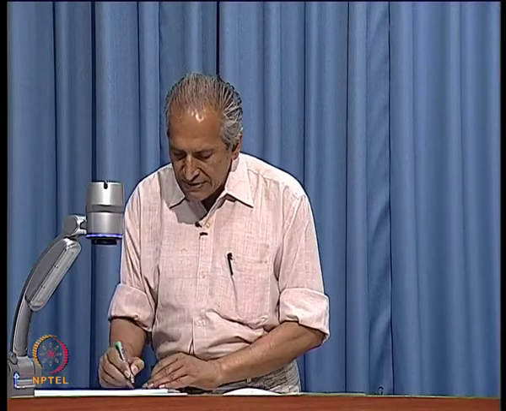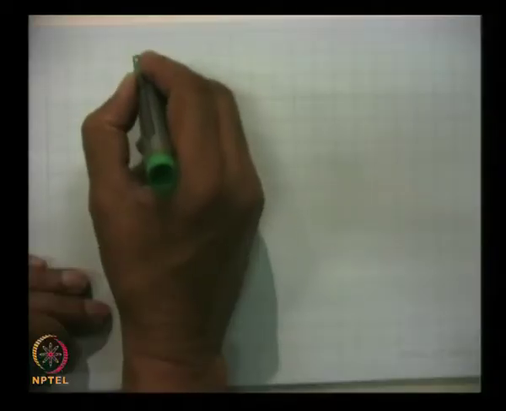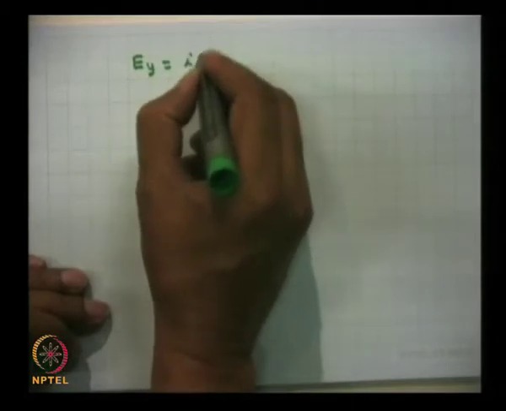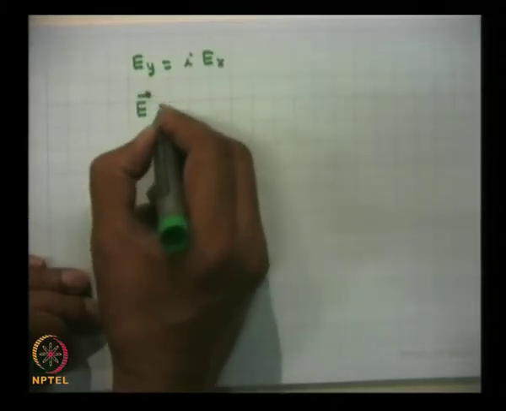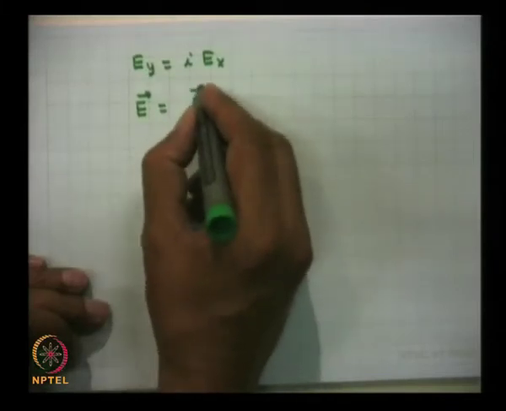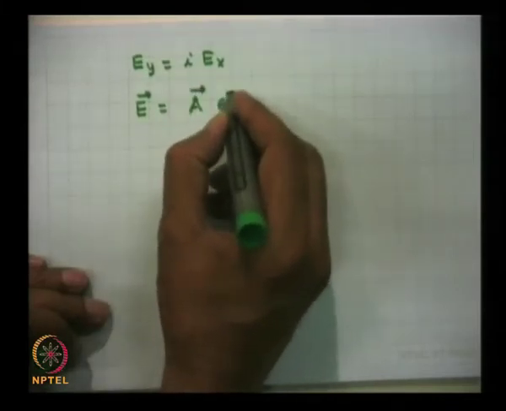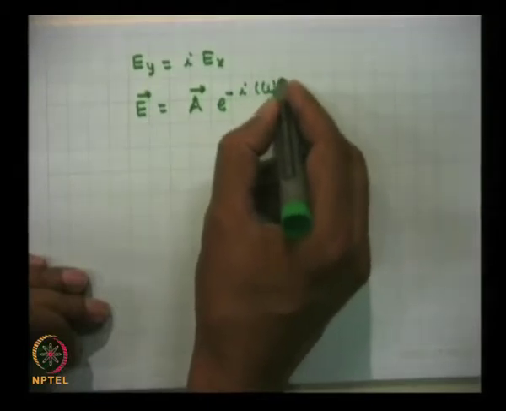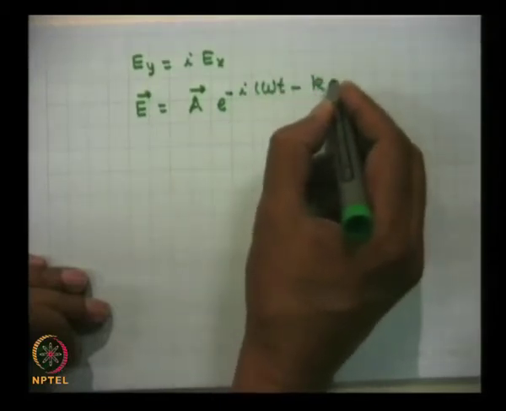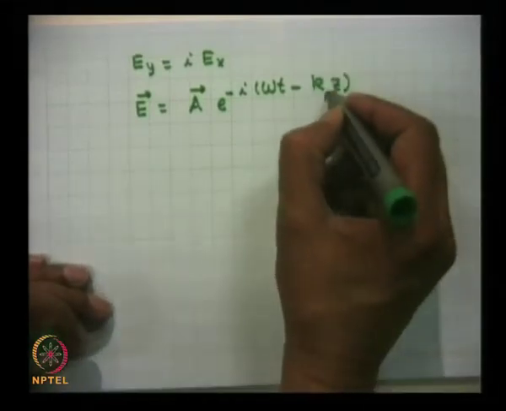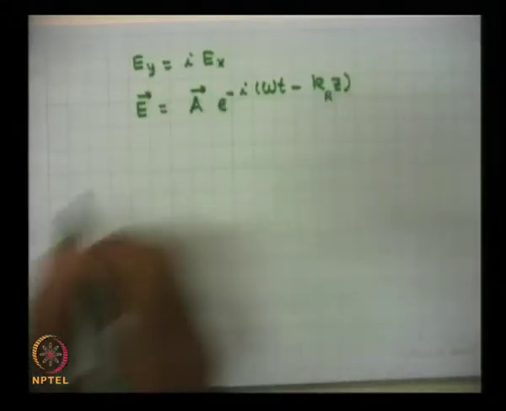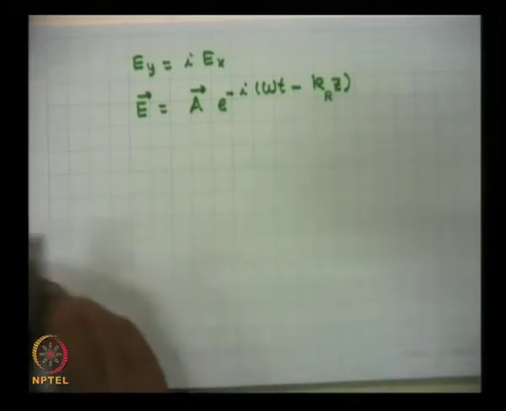I am saying that Ey is equal to iEx, where my electric field I had presumed to be written as A exponential minus i omega t minus kz, and this k I am calling kr, because for this I consider this. Now, this is my wave field.